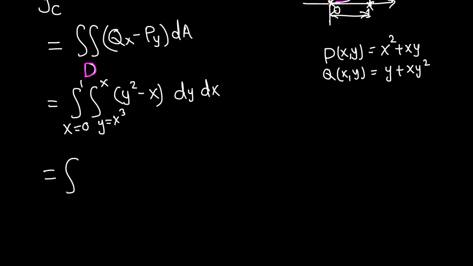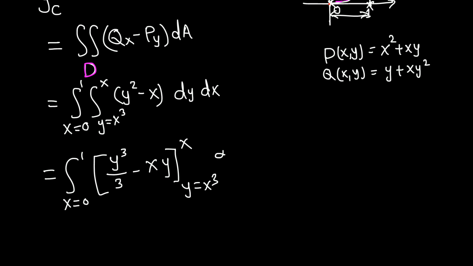So outside is x equals 0 to 1. Inside, let's integrate this with respect to y. So y cubed over 3 minus x, which is a constant, so the antiderivative with respect to y is a constant times y. And we need to evaluate from x cubed to x, dx, from 0 to 1. Upper limit, replace y by x.